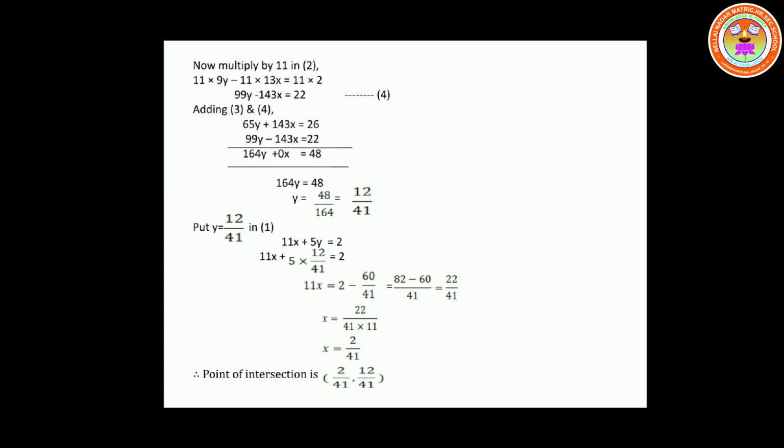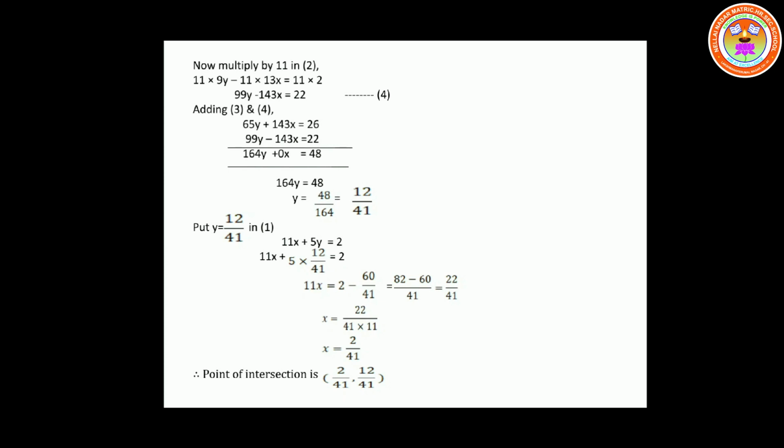Now what I am going to do is 11x I keep as it is, and I multiply 5 into 12, that becomes 60. Now take that 60 by 41 to the other side, so it becomes minus 60 by 41. So that is 2 minus 60 by 41. Taking the LCM, you get 82 minus 60 by 41. 82 minus 60, subtracting, you will get 22 by 41.